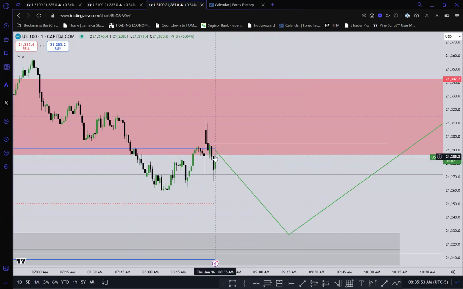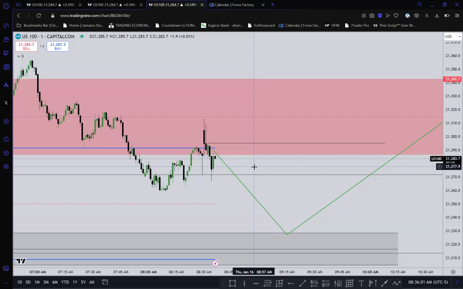Somebody's probably toying around with the idea of shorting here. I can see why, but I don't trust it. But let's see. So nothing at the moment. Nothing to do.